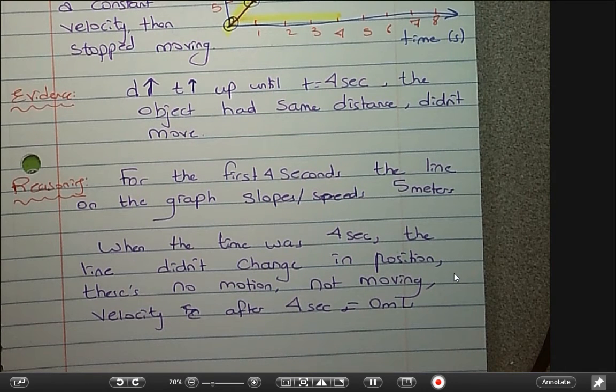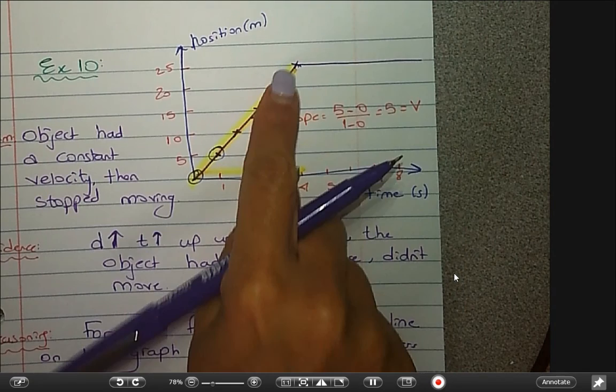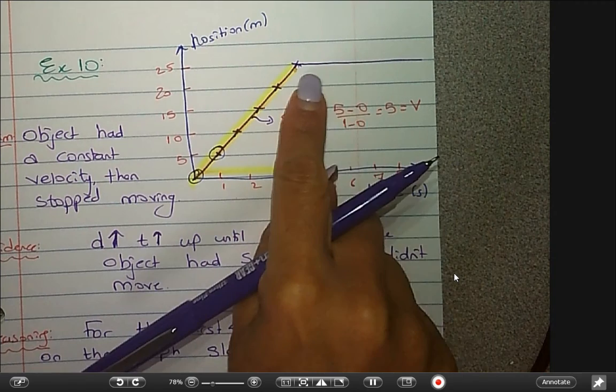It was just standing still. And how do we know that? It's because the distance is not changing. It was 25 meters all the way.